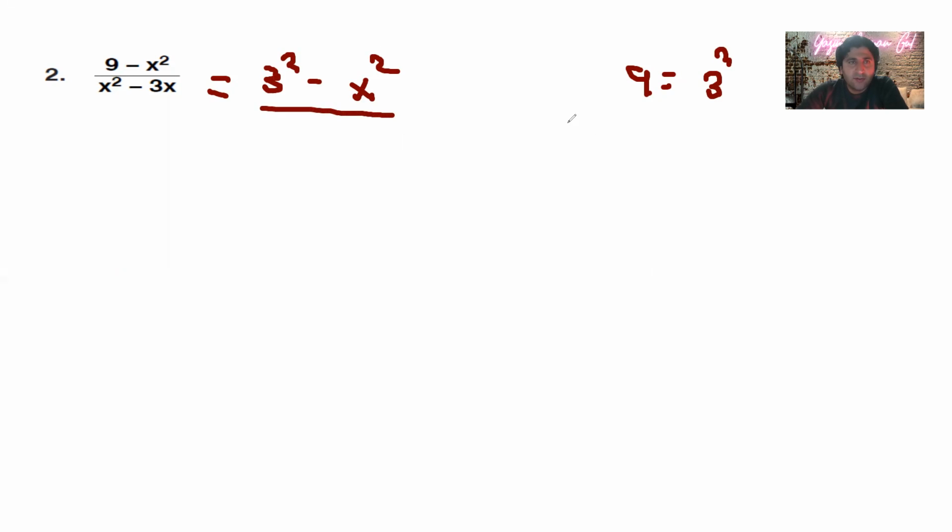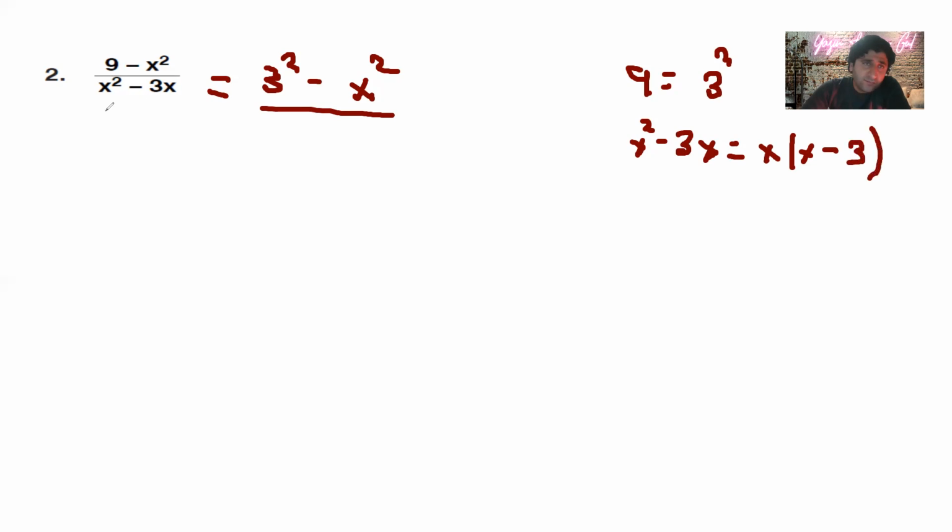I'm going to write that also here, x squared minus 3x. I'm just going to rewrite everything here, x squared minus 3x, that equals, what is common here? x, right? x times what will be x squared? x times x will be x squared, minus 3.